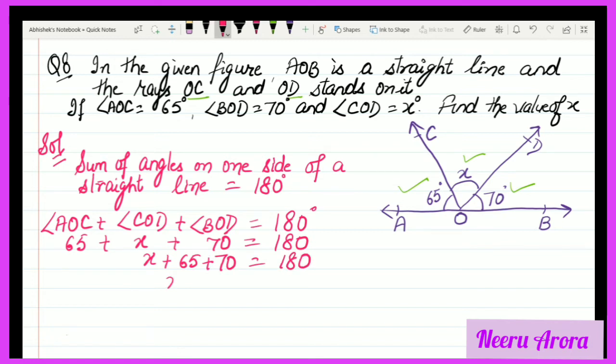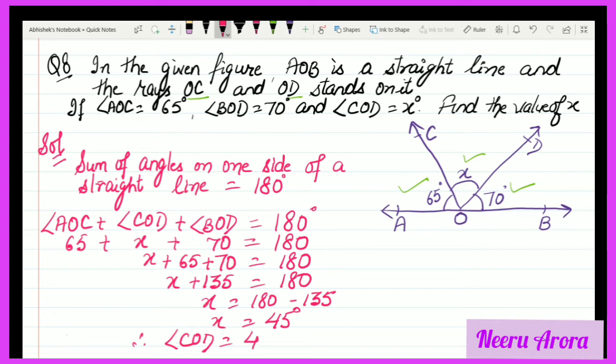So here we get 135 degree, and the value of x is 180 minus 135, that is equal to 45 degree. Therefore COD angle is equal to 45 degree and the value of x is also 45 degree. So now we are going to do the next type.